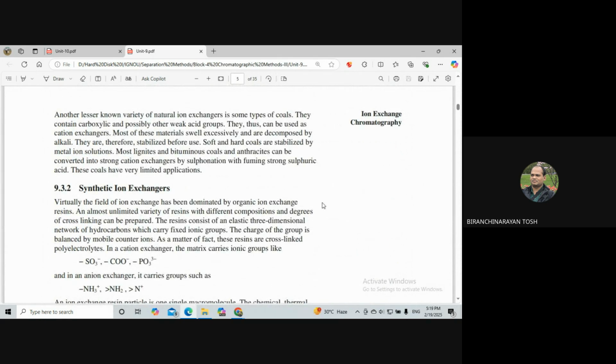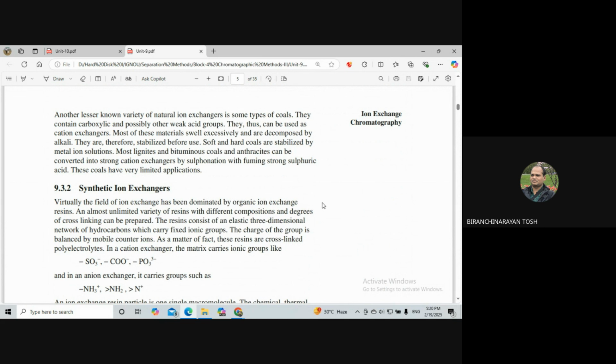Another lesser known variety of natural ion exchanger is some types of coals. They contain carboxylic and possibly other weak acid groups. They thus can be used as cation exchangers. Most of these materials swell excessively and are decomposed by alkali.